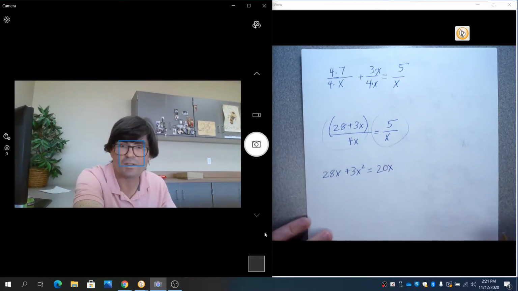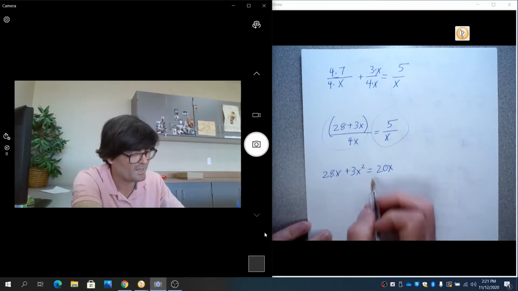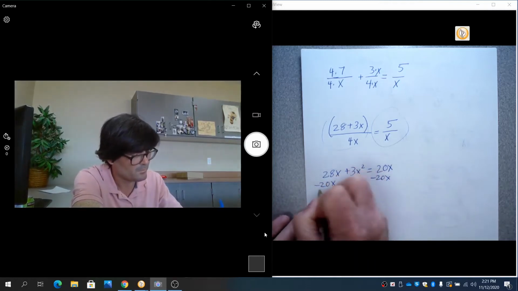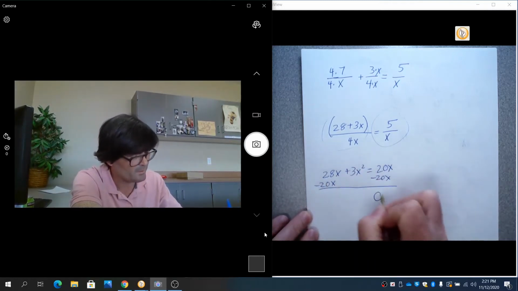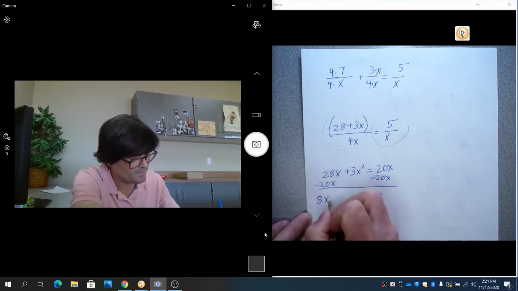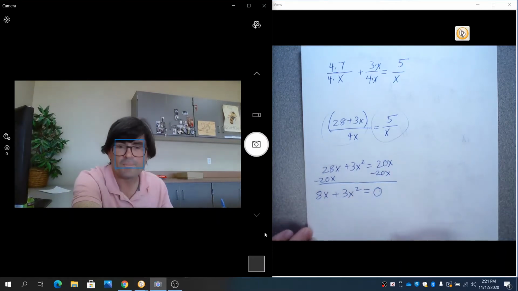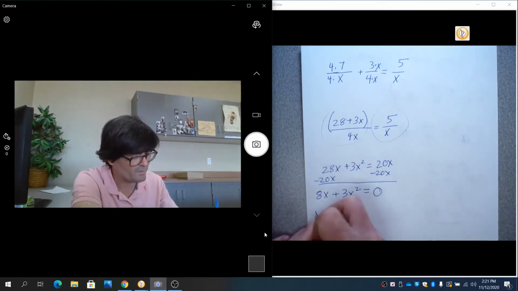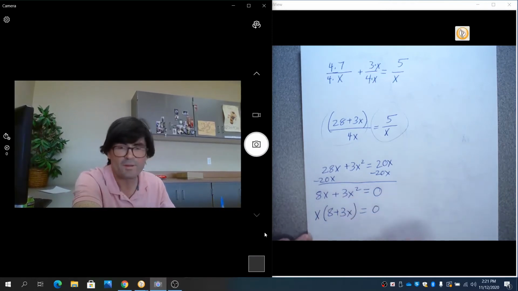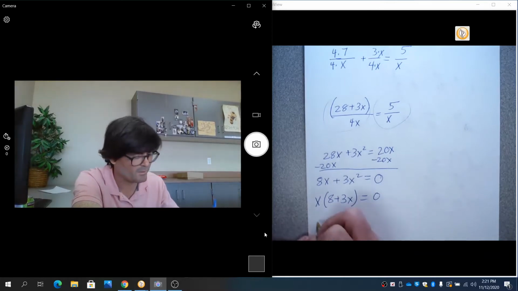Just like always, we want to bring all the terms into one side. So if you subtract 20x here, you get 0 equals 8x plus 3x squared. And I need to factor this, so you can factor out an x, and you get x times 8 plus 3x equals 0.